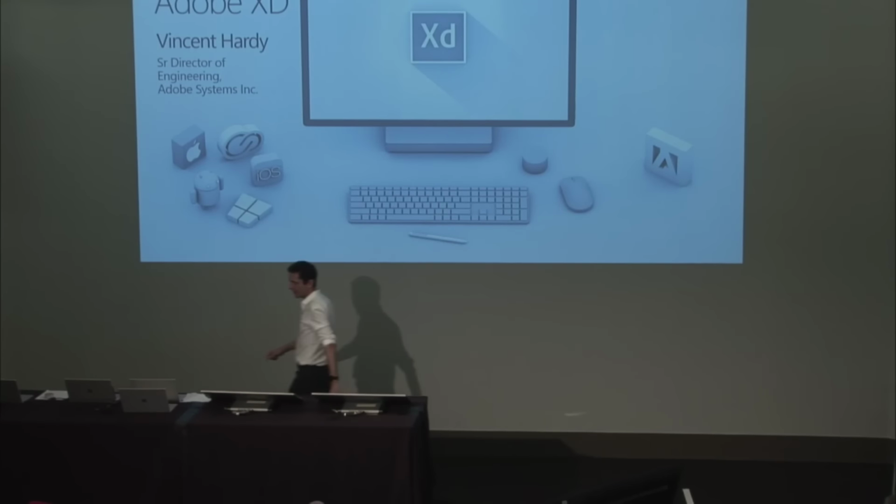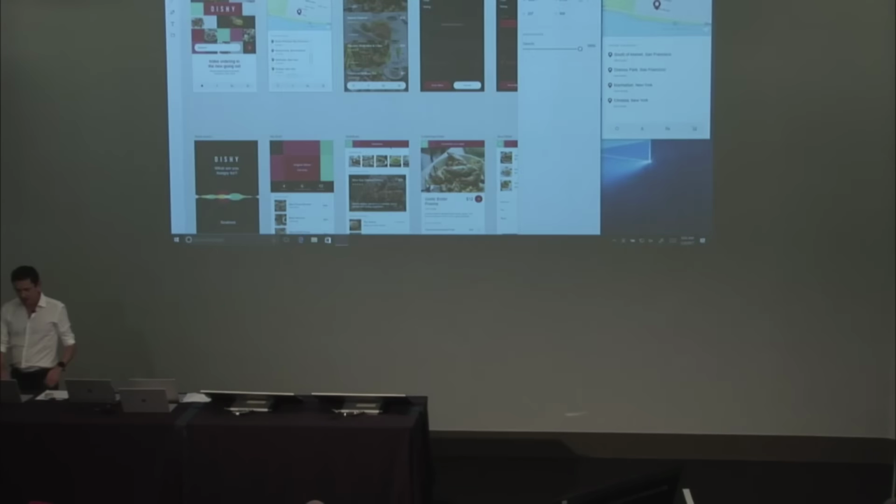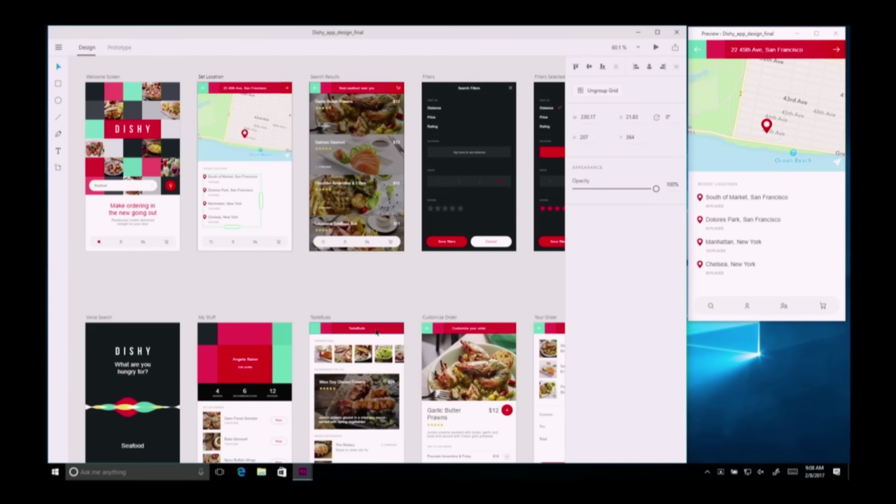Let me show you how it looks. So here, you're seeing the main design space for Adobe XD. That's the main app. And to the right, the little window you see is a preview of the content the designer has created. Here we're starting from a design where you've got multiple screens of an app called Dishy App.